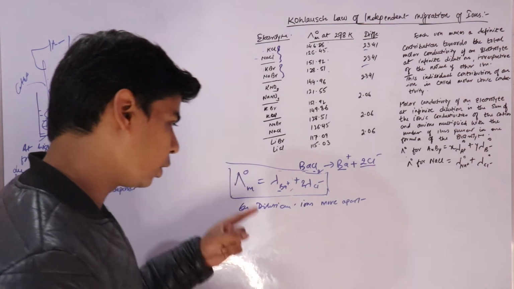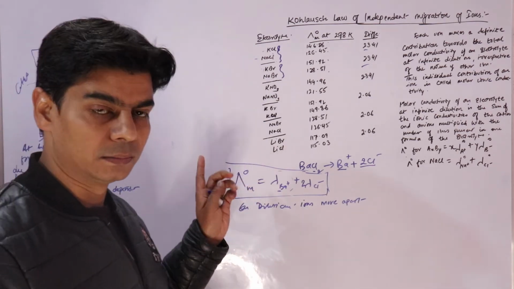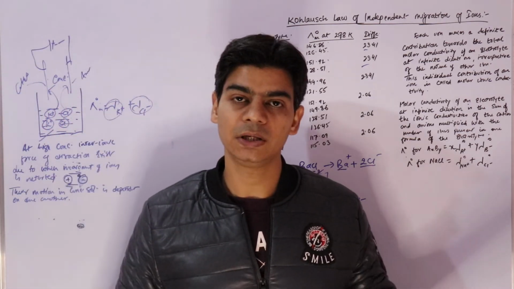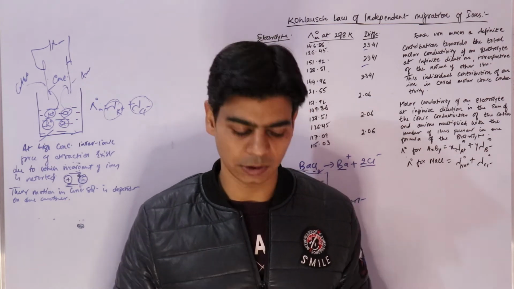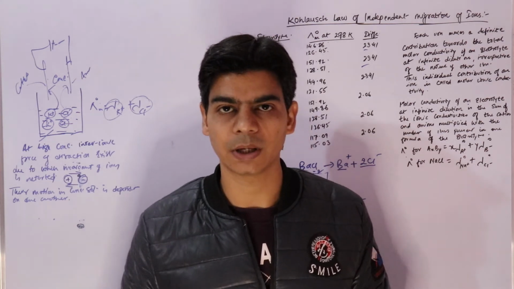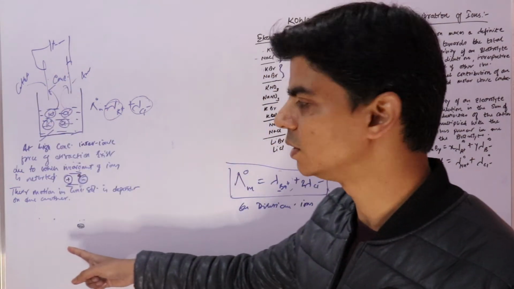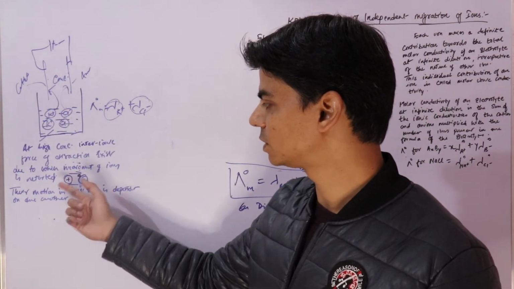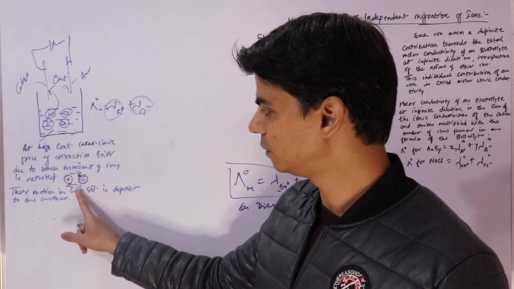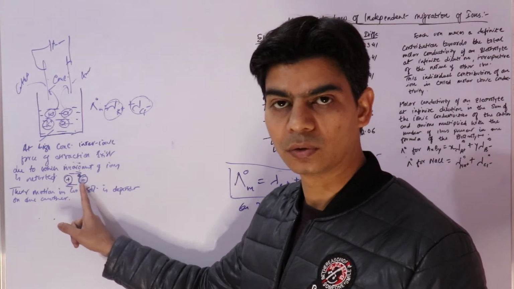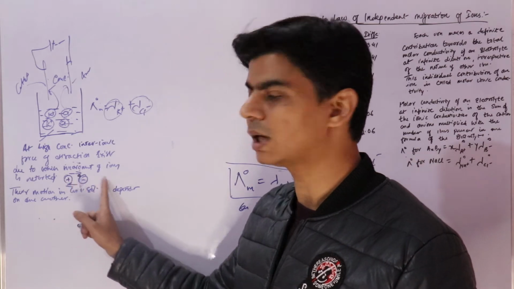And we know that every solvent has some dielectric constant, and water has a maximum dielectric constant. So if I add water to this concentrated solution, due to its dielectric constant, it will lessen the interionic force of attraction acting between these ions.